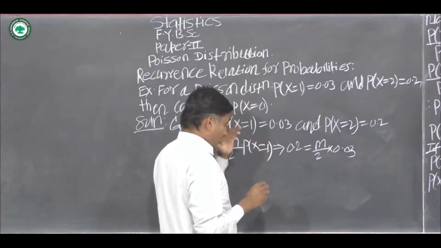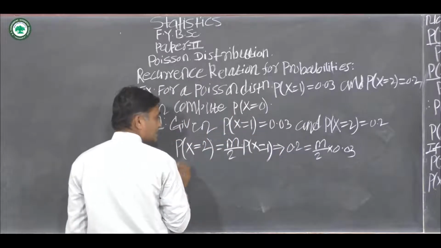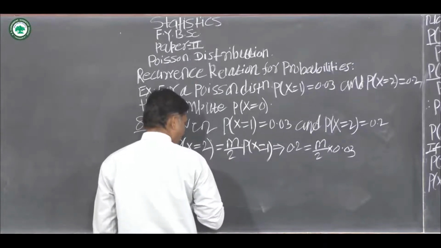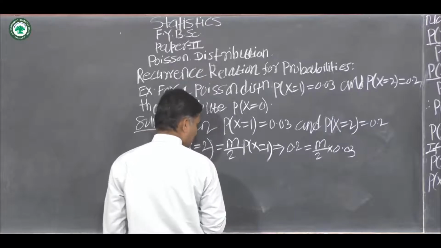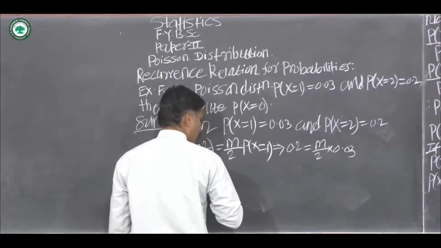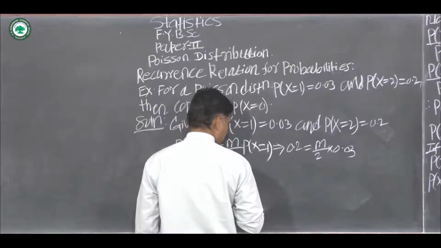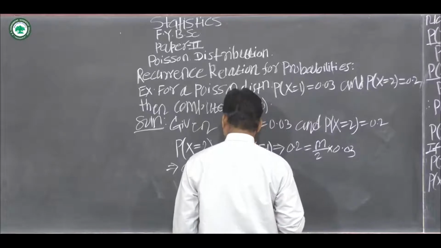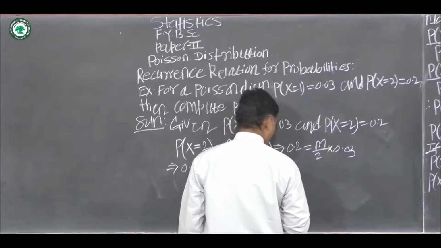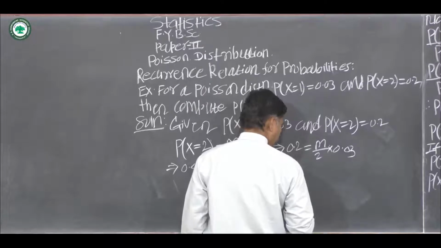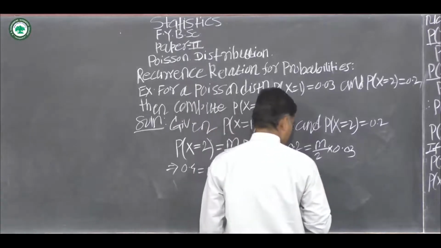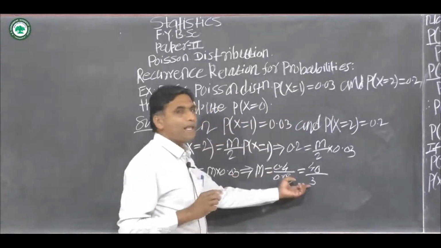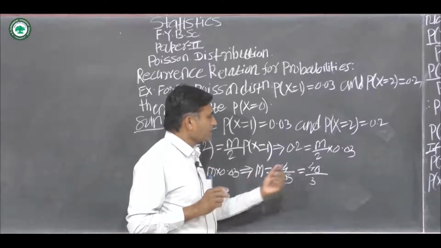This implies that 0.4 is equal to m into 0.03. Again, this implies that m is equal to 0.4 upon 0.03, which is equal to 40 upon 3. This is the value of parameter m. M is equal to 40 upon 3.